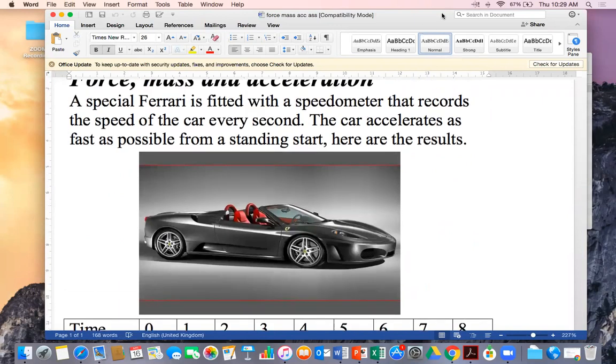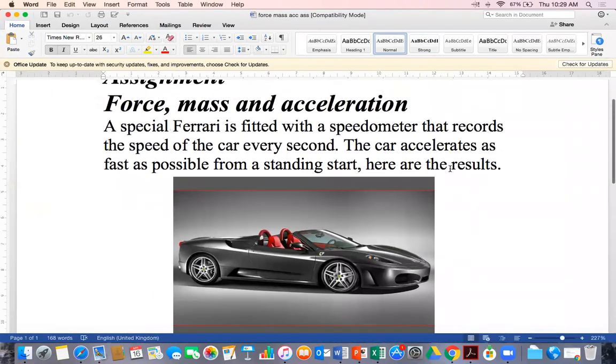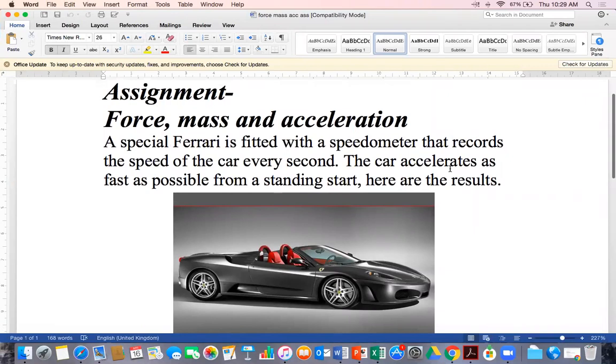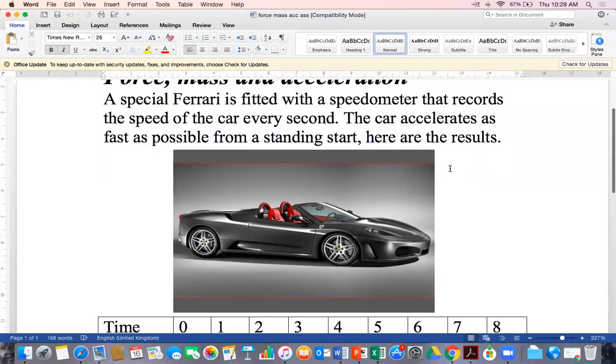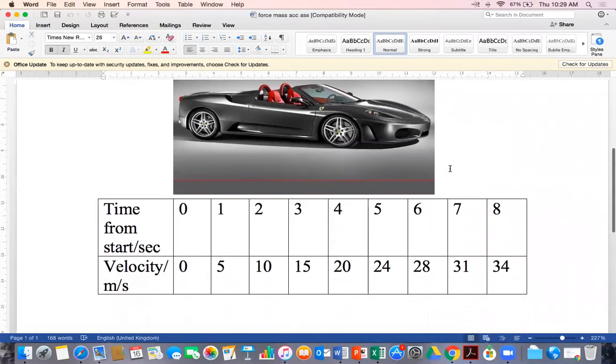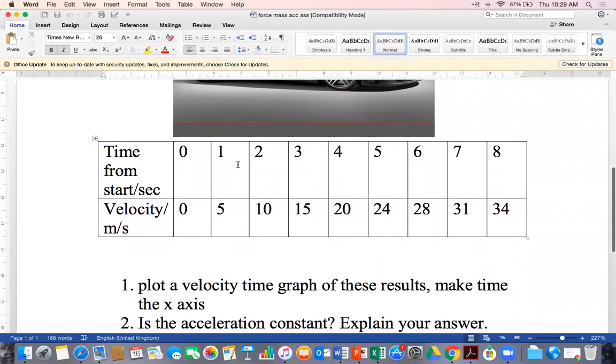Now, I'm gonna open this page. Force, mass, and acceleration. A special Ferrari is fitted with a speedometer that records the speed of the car every second. The car accelerates as fast as possible from a standing start, and here are the results. I have the time and then I have the velocity.